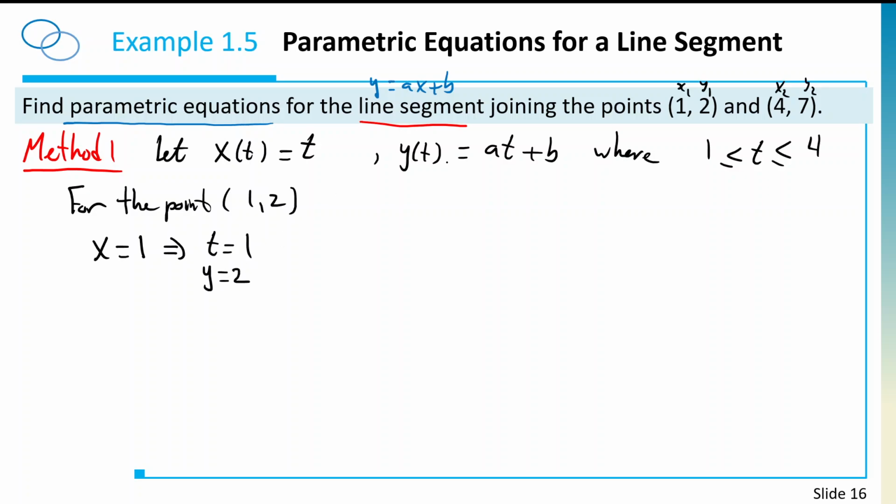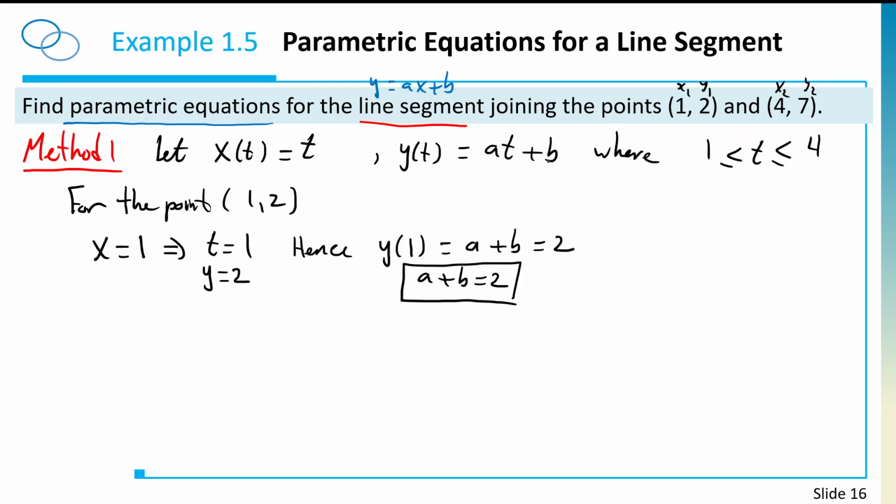Now I'll plug this into the equation for y. Hence y of t equals y of 1, equals a plus b, and this is equal to 2. So a plus b equals 2. This is my first equation.